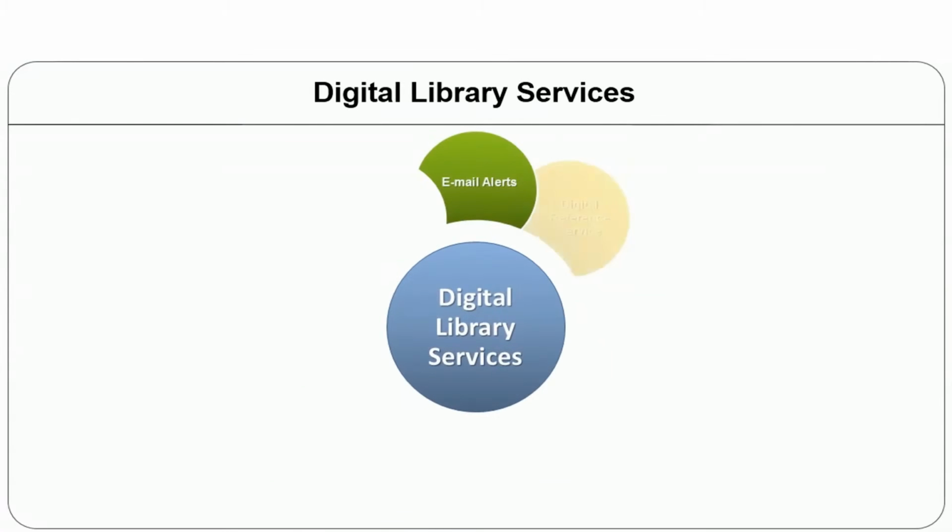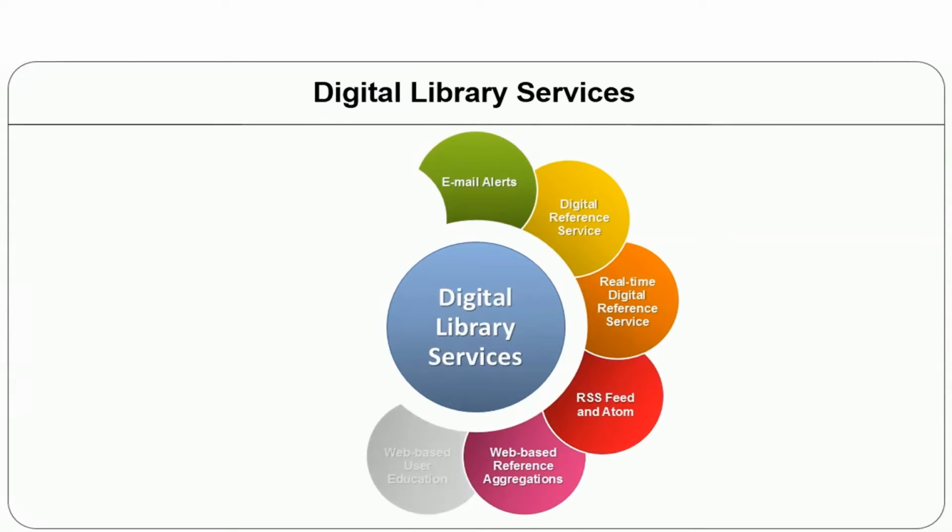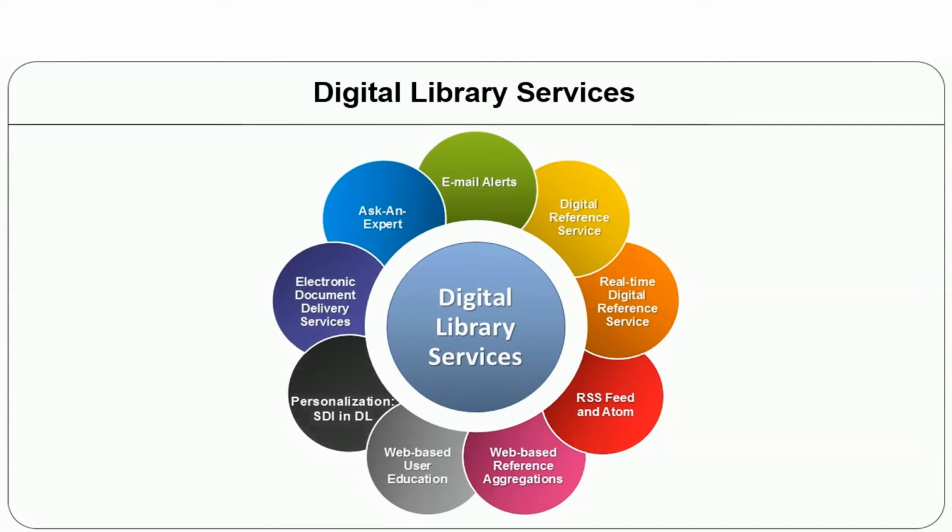Now, let us see different services of digital library. Let us see from the picture some of the major services which are available in a digital library. The first and foremost, if you look at any service on the internet, is email, the service most used when network was invented, when email was invented.